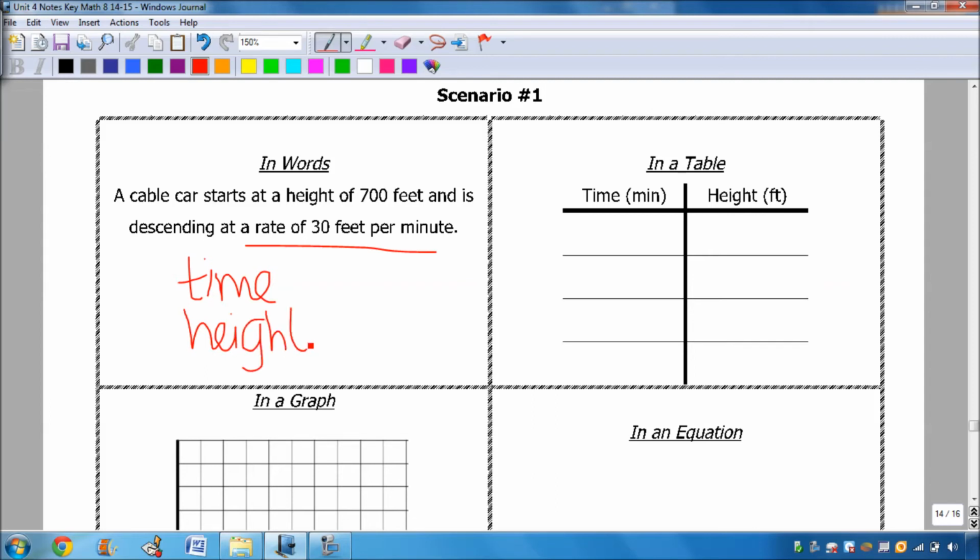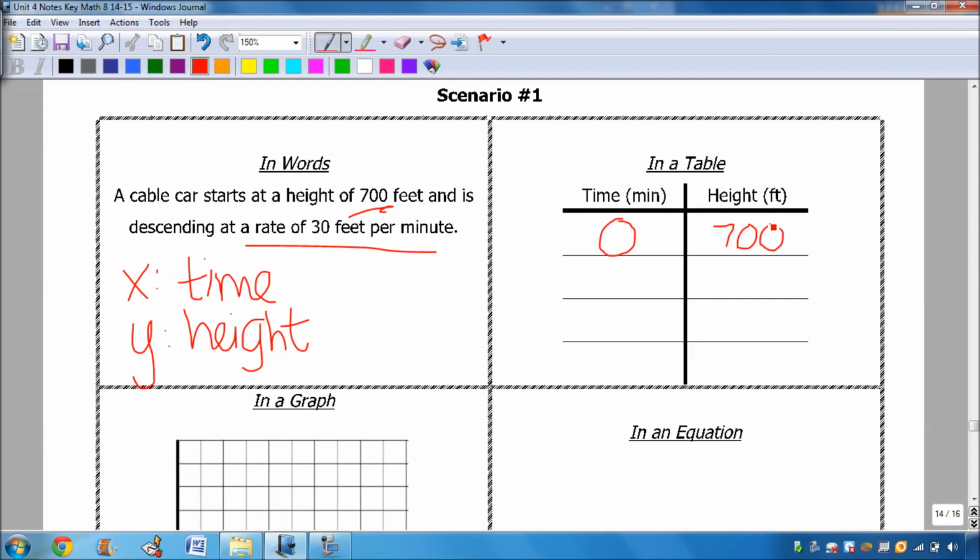Well, you have to ask yourself, which one is the independent variable? The independent variable is time because time will go on no matter what. The dependent variable is height because the height depends on the time. Okay? So that means that x is the time and y is the height. Okay? So at the beginning, when no time has passed, your cable car is at a height of 700 feet.